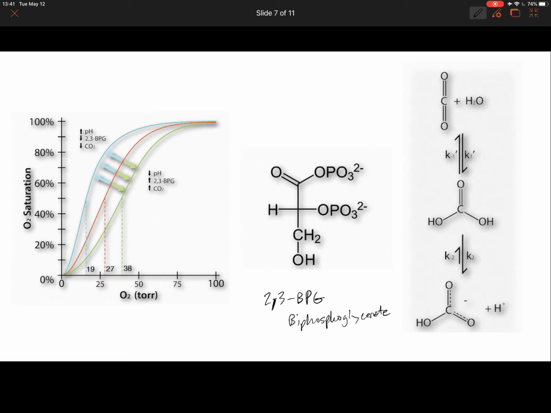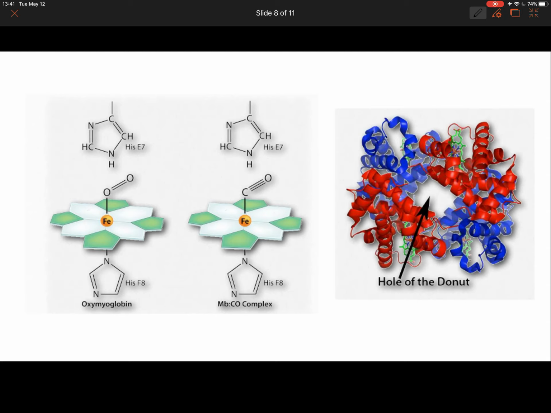This molecule can actually outcompete oxygen for binding with the heme in hemoglobin. So again, they're not carrying as much oxygen around. And that's part of why carbon monoxide is so toxic, because it just outcompetes oxygen for hemoglobin.